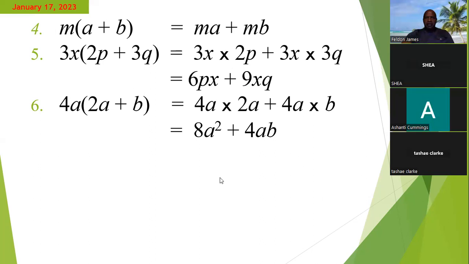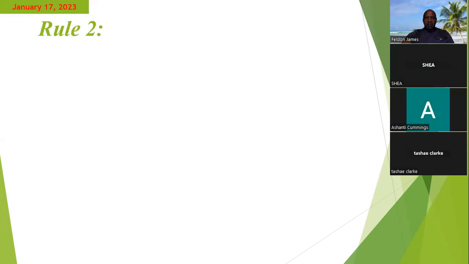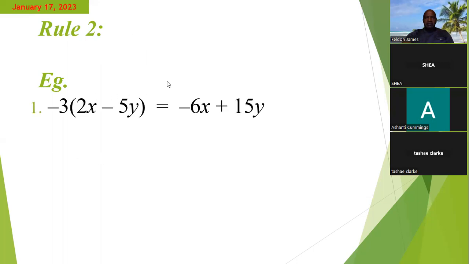All right. Moving on now to rule 2. Rule 2, where we say that if we have a negative in front of brackets, meaning that if you have a number which is negative, when you multiply what you have inside, whatever sign the numbers have on the inside, after you have multiplied out, these signs for the numbers inside will become opposite to what they are.